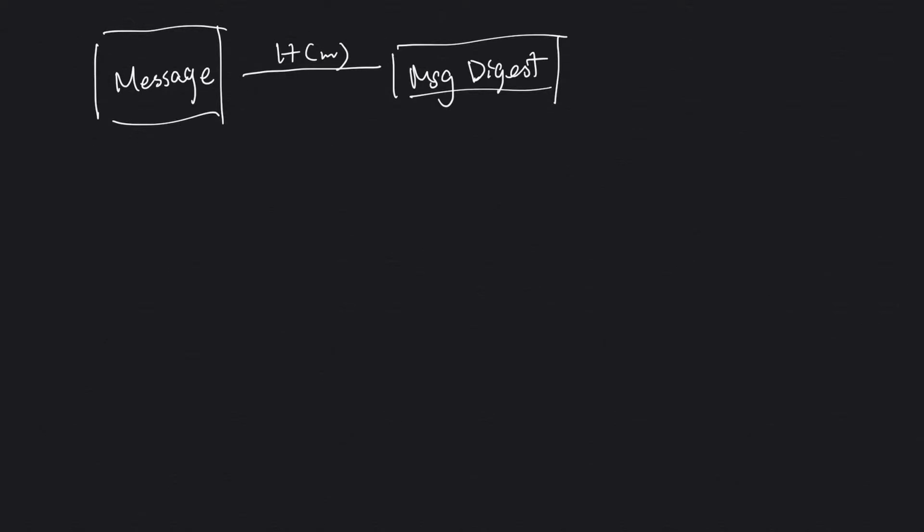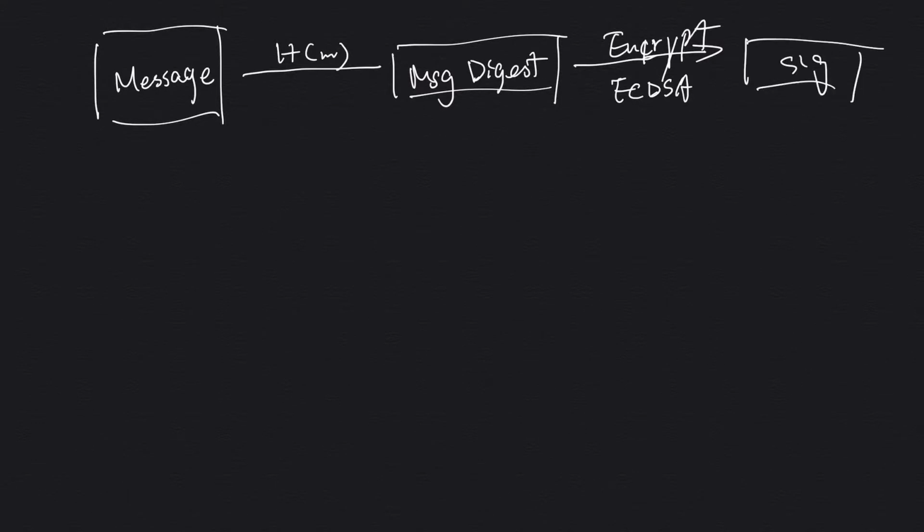Once you get the message digest, you encrypt it using either RSA or ECDSA. Bitcoin is using ECDSA to do the encryption. And then what you get is the signature.